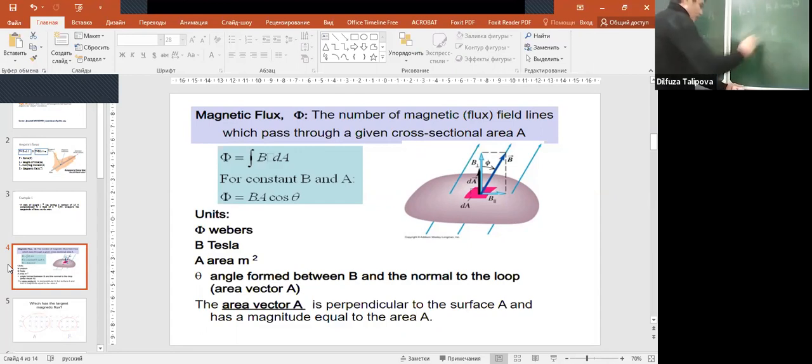It means that we have the maximum magnetic flux. For example, B multiplied by A multiplied by 1. This is the maximum. If theta is equal to 90 degrees, we have the minimum magnetic flux, minimum.